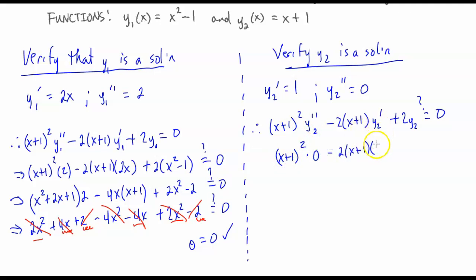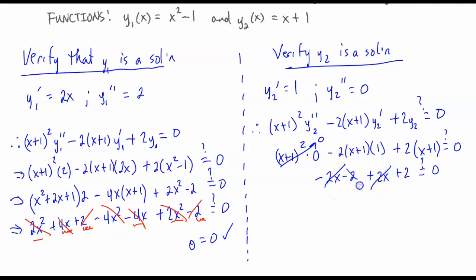For the second term, it'll just be multiplied times 1. And for the last term, this will be x plus 1. And does all that equal 0? So from here, we know that all this is just 0, so we forget about that. And this is just 1, so this will be just minus 2x minus 2. And this will be plus 2x plus 2. Does that equal 0? And of course, these two terms here cancel out, these two terms here cancel out, and it works.